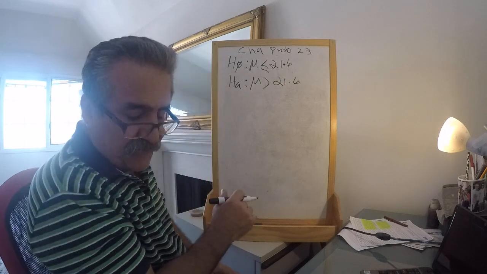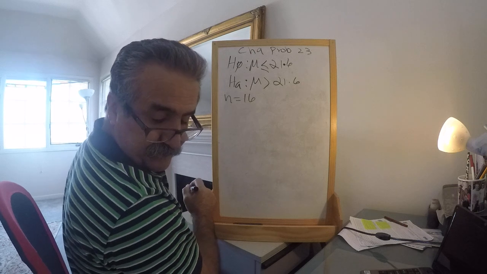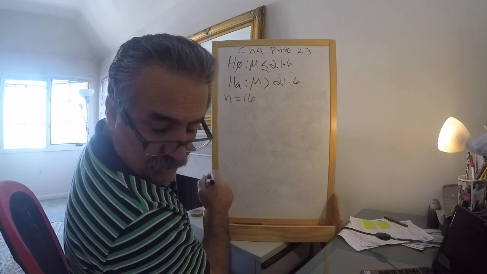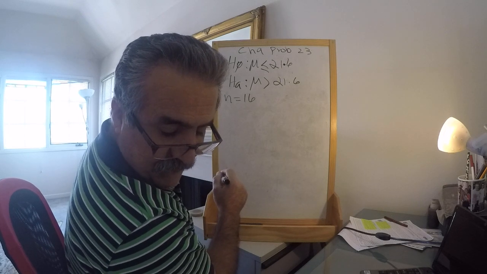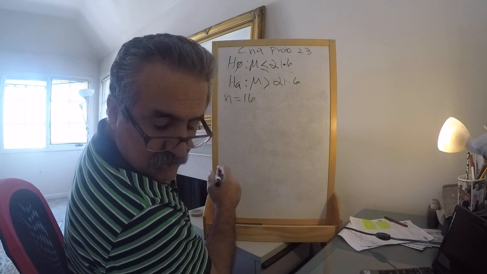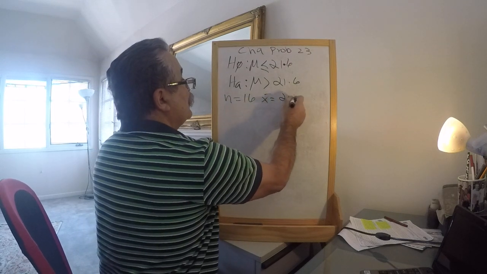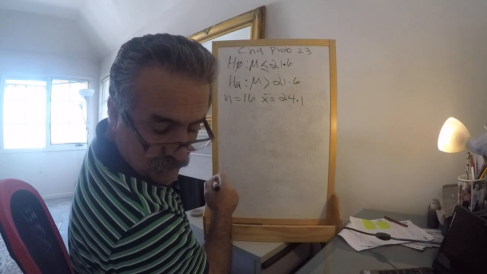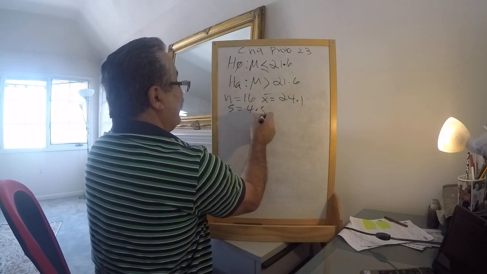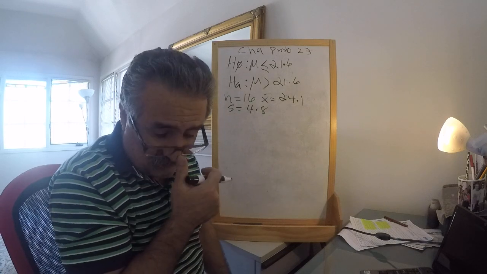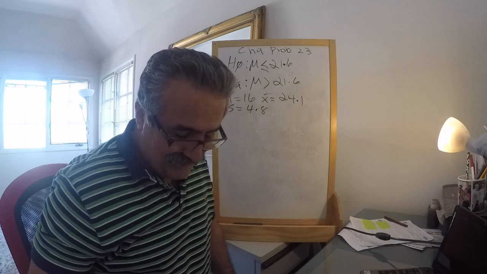So a sample of 16, n is equal to 16, from the city, sample mean annual consumption, x bar is equal to 24.1 and s is equal to 4.8.